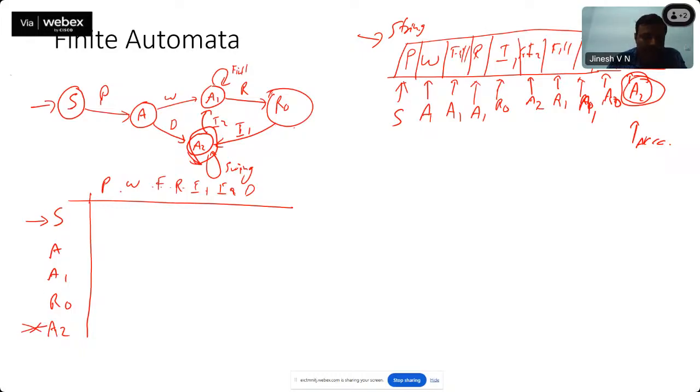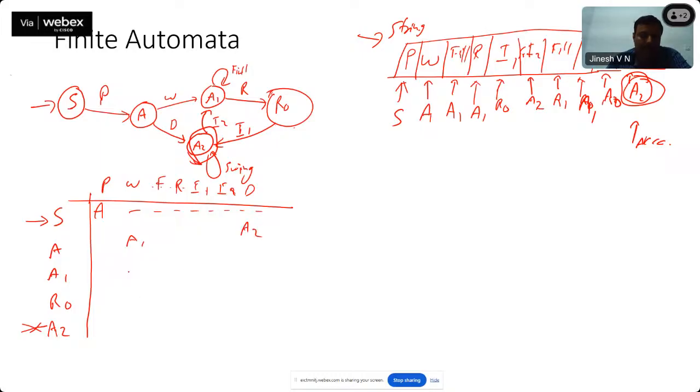Then with respect to each input, which state transition is happening, that will be represented here. S with P is A, so with respect to P, I will write A here. S with W and those things are all not defined, so all are undefined states. Then with A, W, it is A1, and with A, D, it is A2.